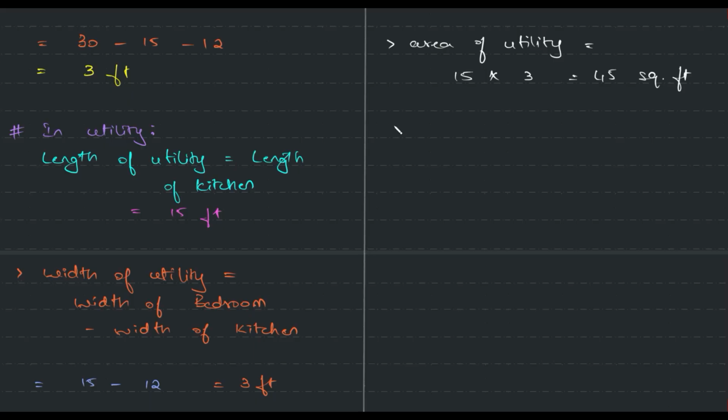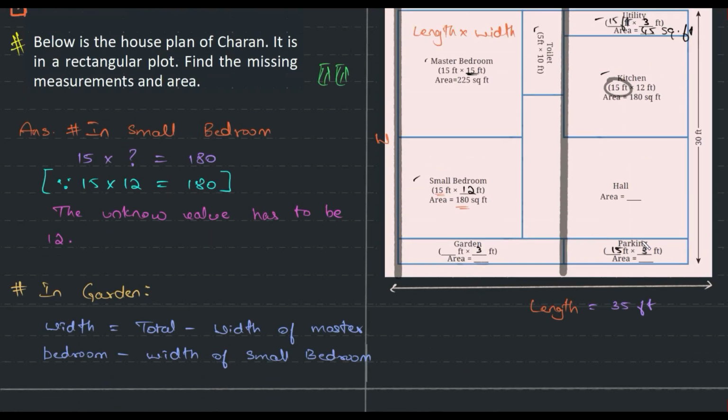We are in parking. So the length of the parking is the same as the length of the kitchen, which is equal to 15 feet. Okay, guys, so this is 15 feet.